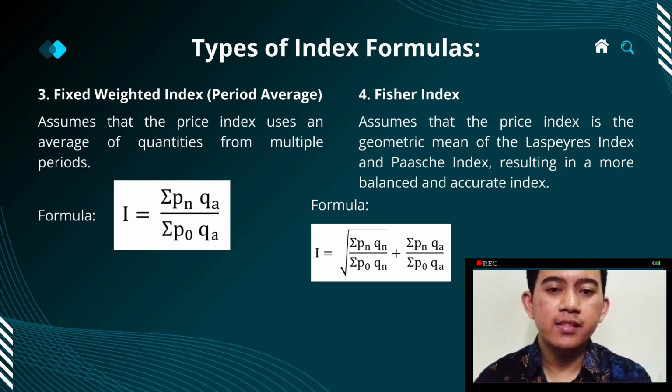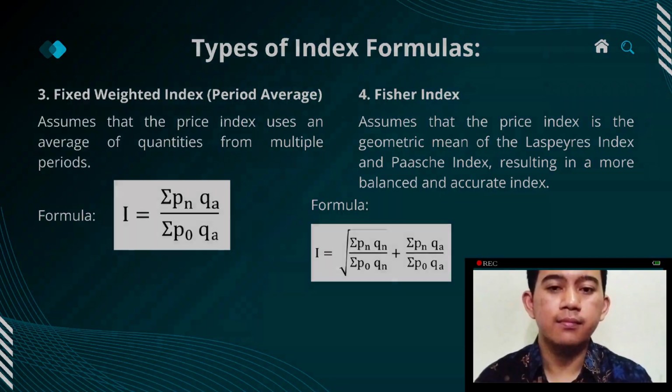As such, the Fisher index is considered to be the most fair and accurate price index as it reduces the bias that may arise when using only one of the approaches.